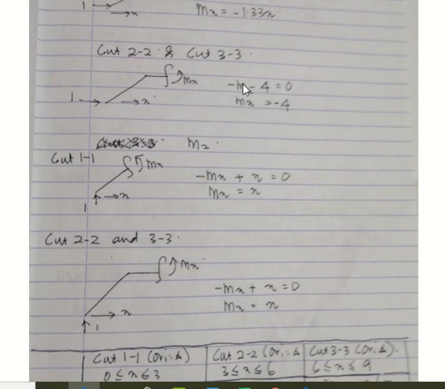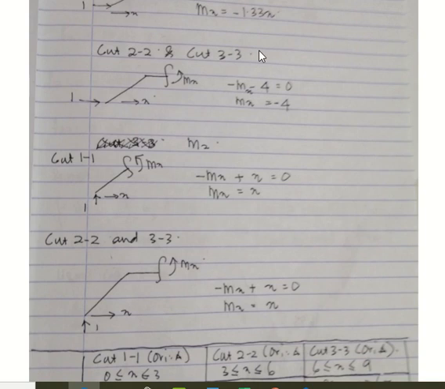That's why you have minus mx minus 1 multiplied by distance. This distance equal to 4, because you have a full distance here. So mx equal to minus 4.